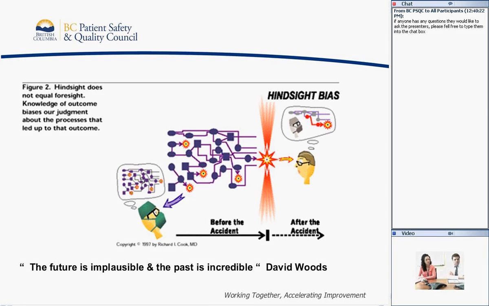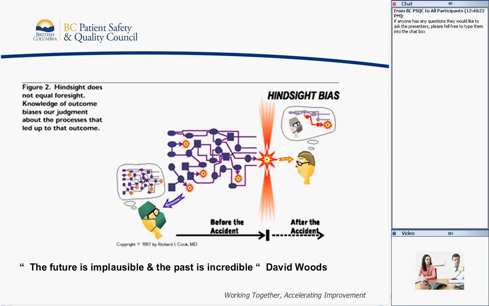And because you know what happened, it's very easy to trace the trajectory back from what happened to what was going on at the time from this perspective. That discounts all of the complexity that was on that preceding slide. It discounts all of the complexity, interruptions, mislabeled devices that were never designed to work together.